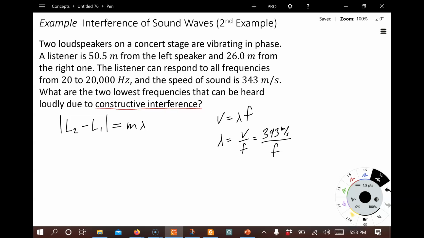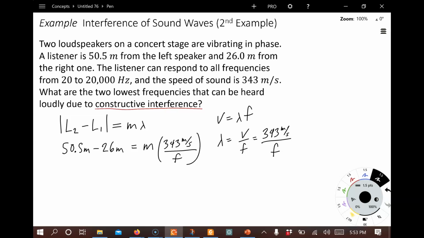So L2 minus L1, let me take that to be 50.5 meters, the one path length, minus the other path length, 26 meters, is equal to m, and then we're going to put in the 343 meters per second divided by f.